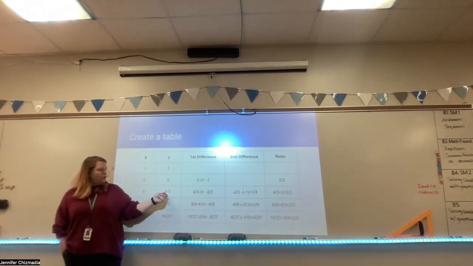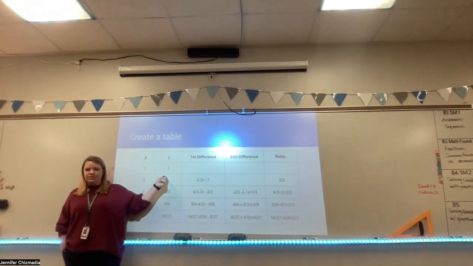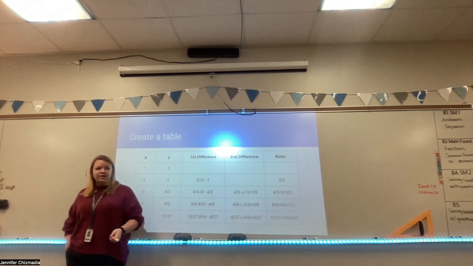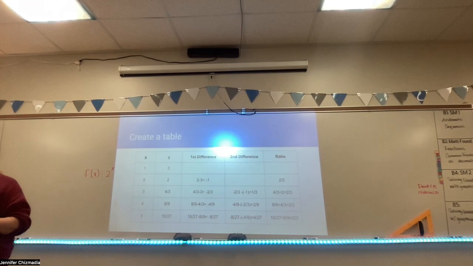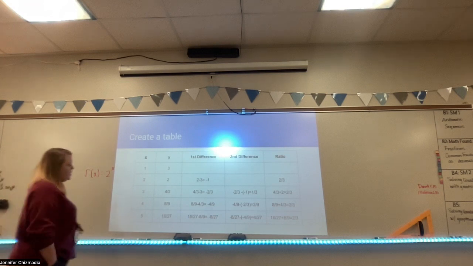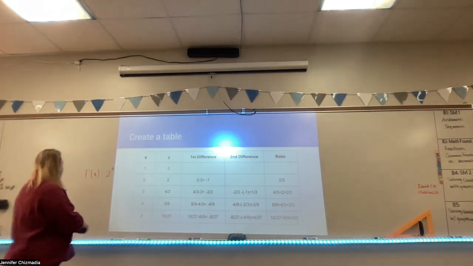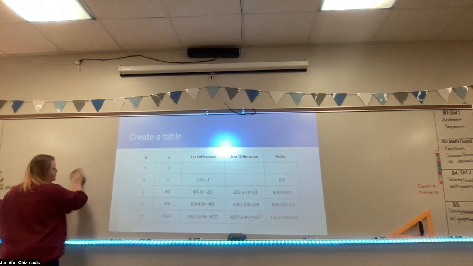Then I'm going to take 4/3 and divide it by 2. So we're going to practice our dividing fraction skills today. How many of you remember how to do that? Let's review dividing fractions really quick, because that's going to be important.